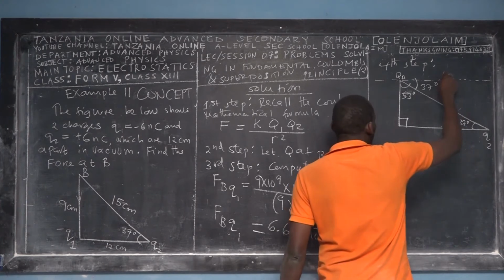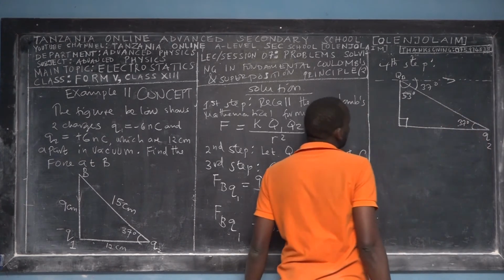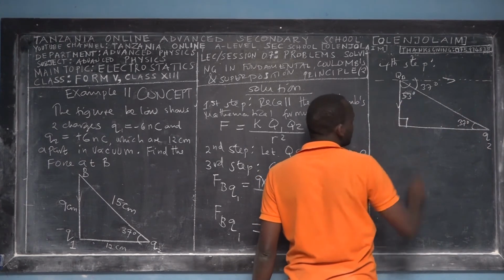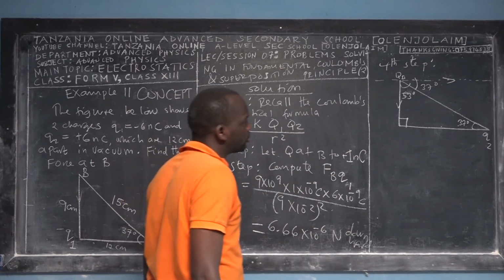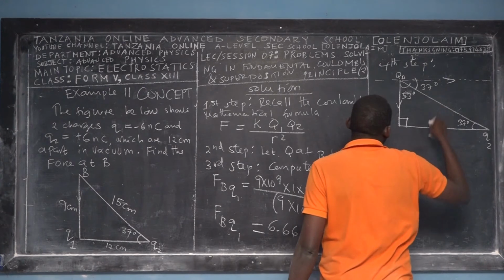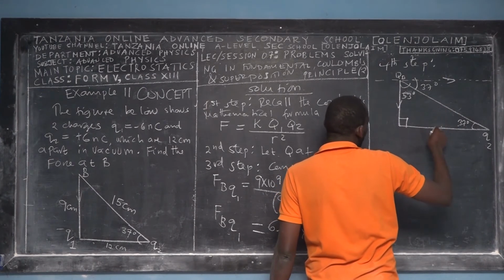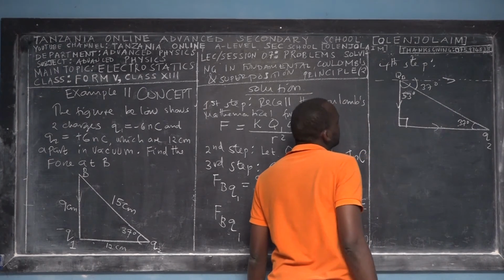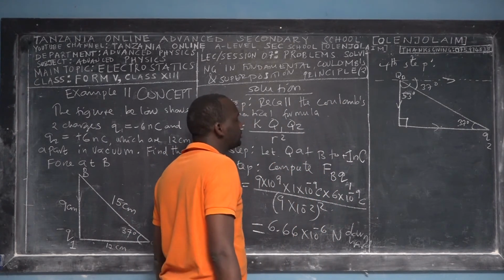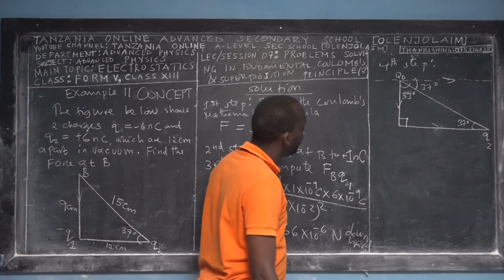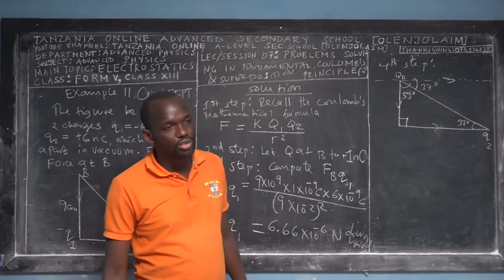So the horizontal component will be in this direction, and the vertical component in this direction. So you can have your right angle triangle. Remember this length is parallel to this one, so we are going to have horizontal and also vertical components.